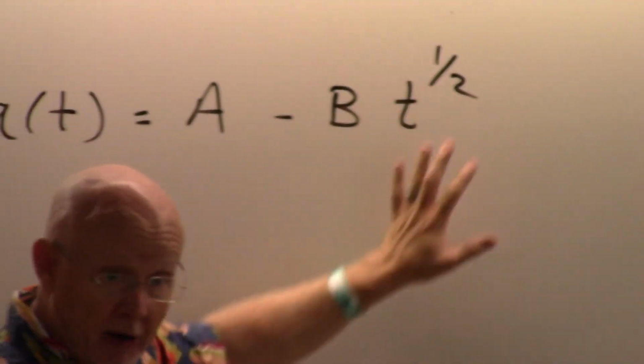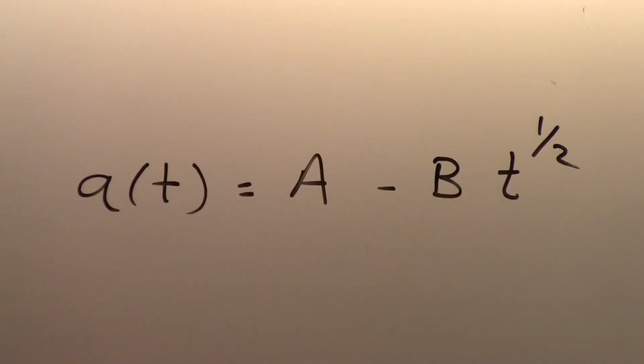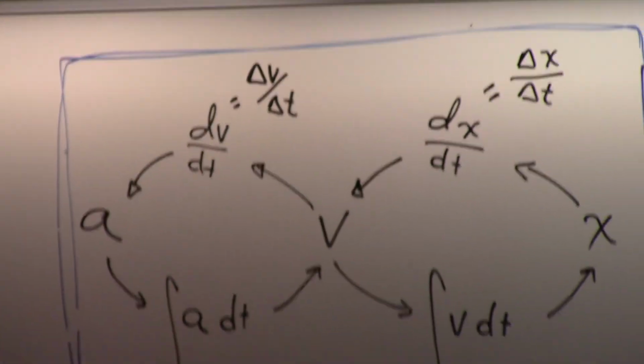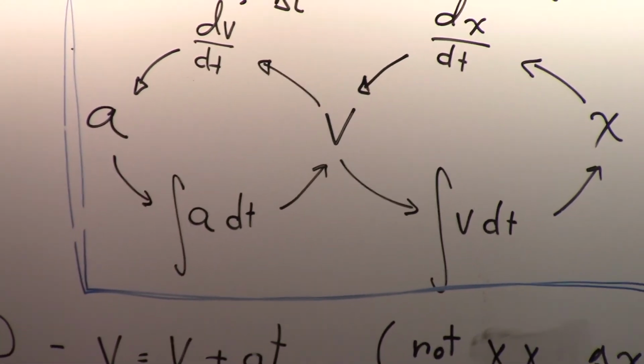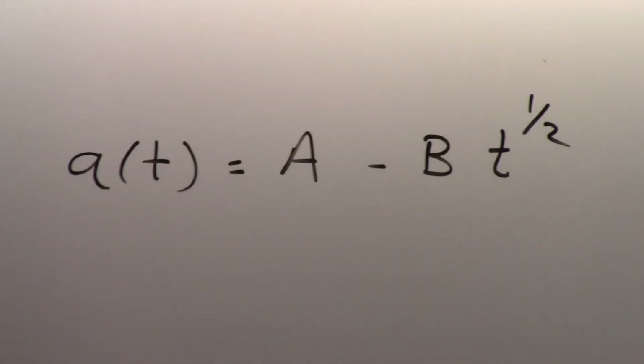So this little part of the function means the acceleration keeps changing. So could I use equation 5? 4, 3, 2, 1? No, none of these. I got to do this. So I need to come all the way back to my calculus in order to do this one. I don't have a constant acceleration.